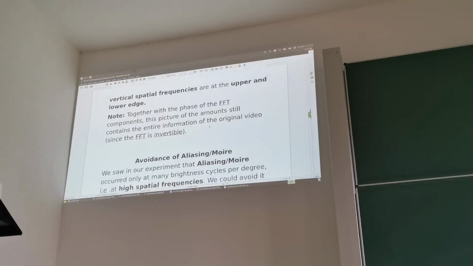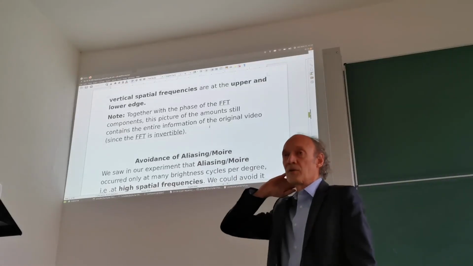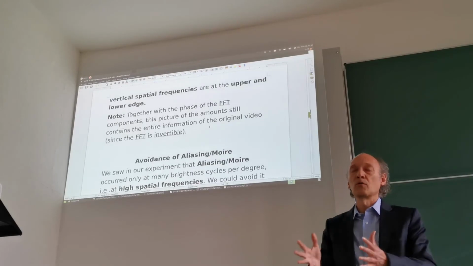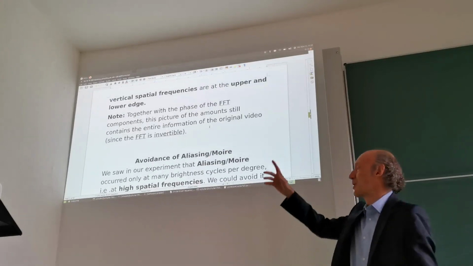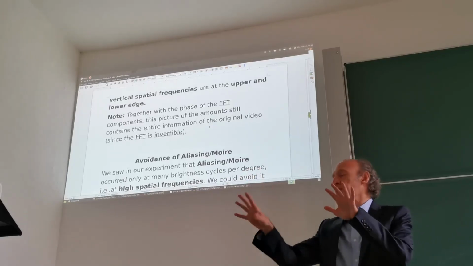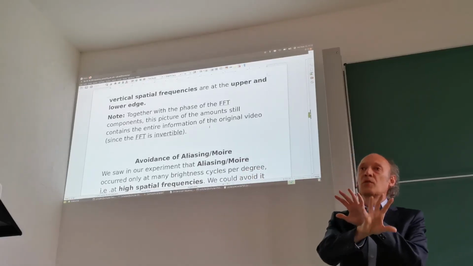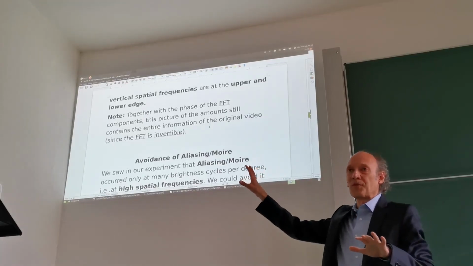Yeah, and interestingly, this image still contains all the energy, all the information of the original, because we have the inverse FFT, except it also needs the phase. So magnitude plus the phase, which I didn't show here, allows us to reconstruct the original image just from this.